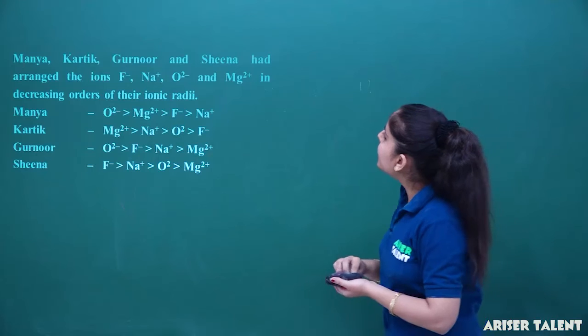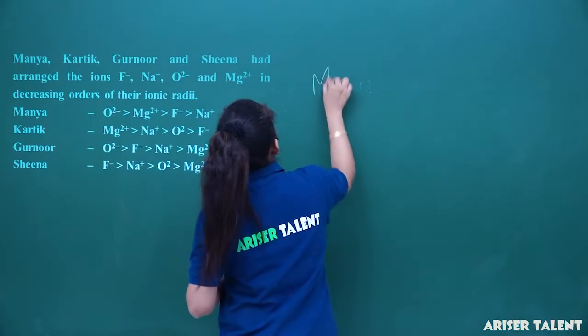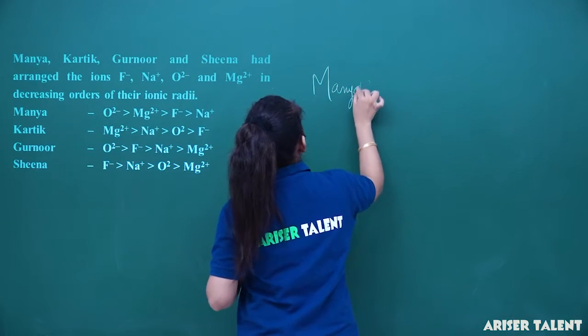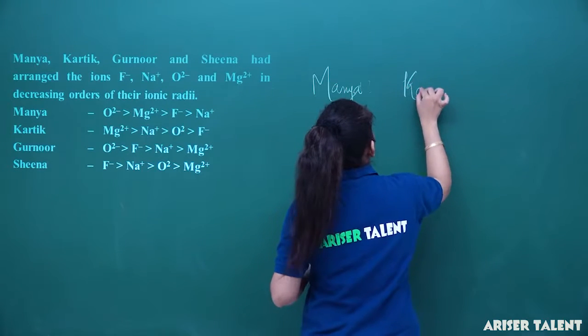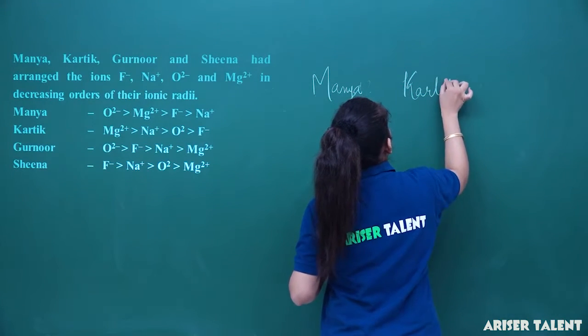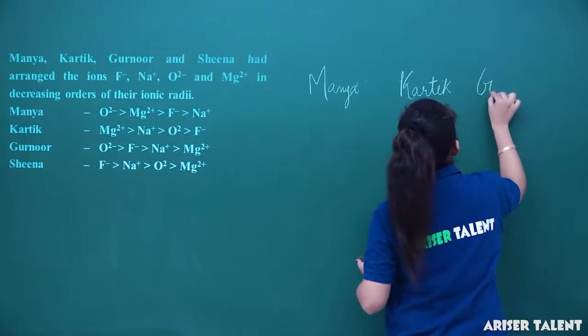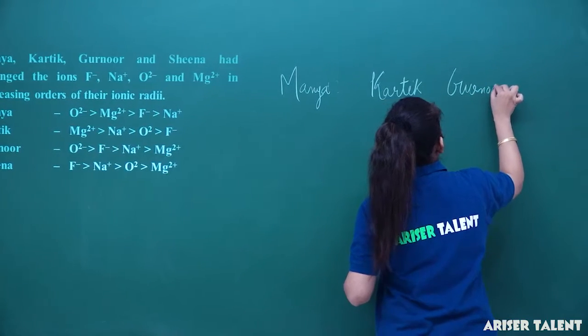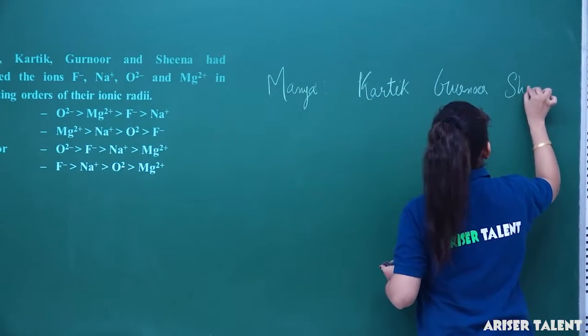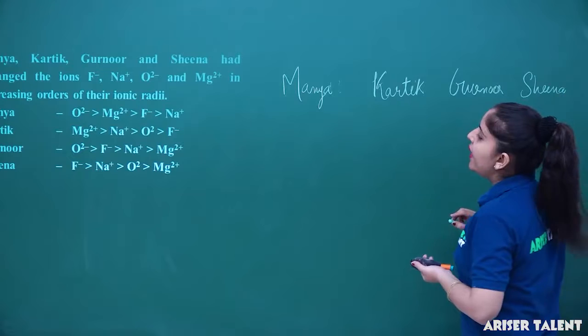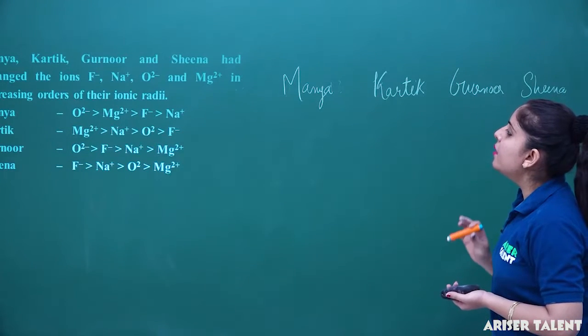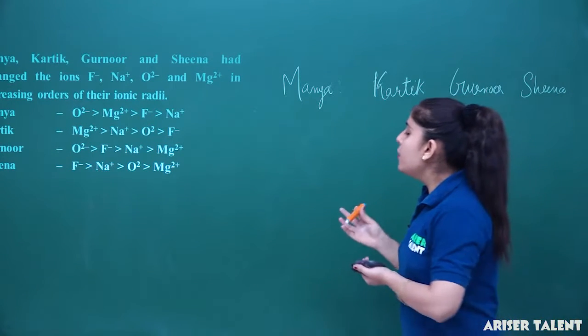So, the 4 persons are Manya, Karthik, Gurnoor and Sheena. They have arranged the ions in ionic radii form.